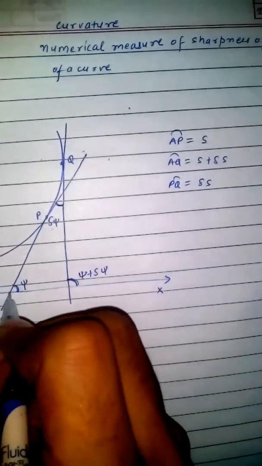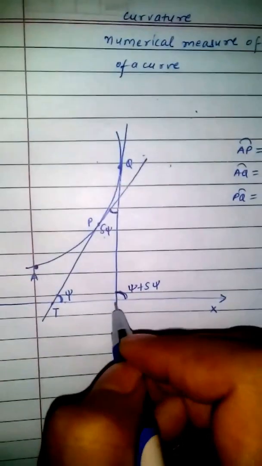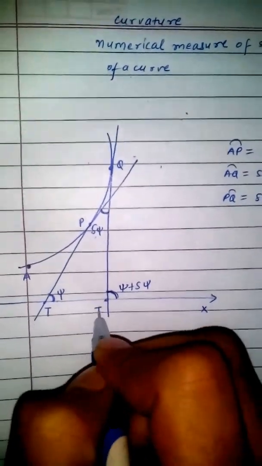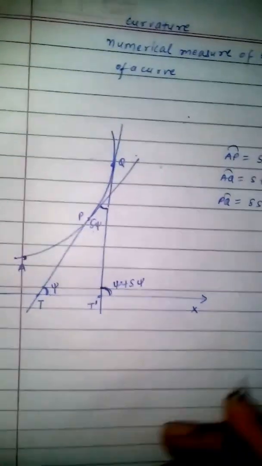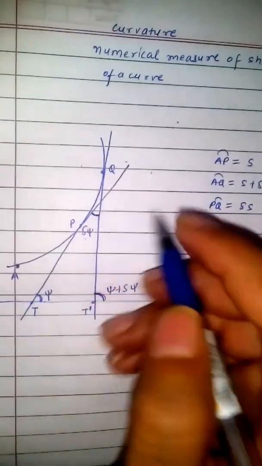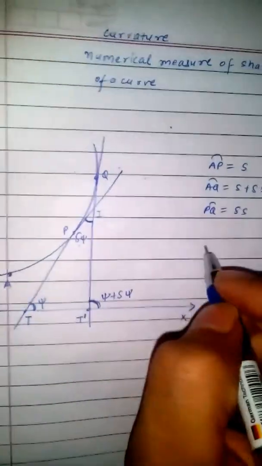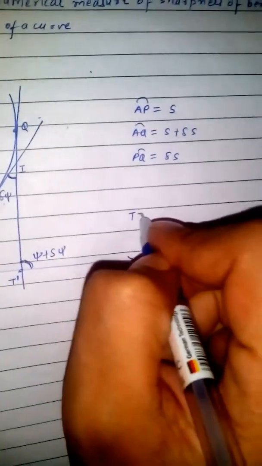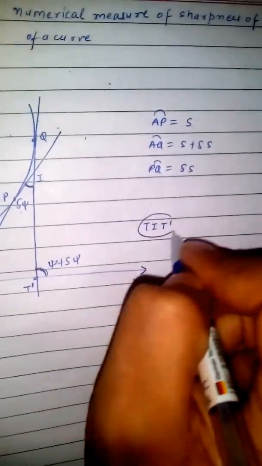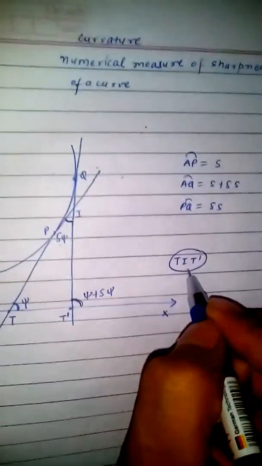Now take this point as T, this point as T dash. Then what is this angle? This angle is known as the total curvature.